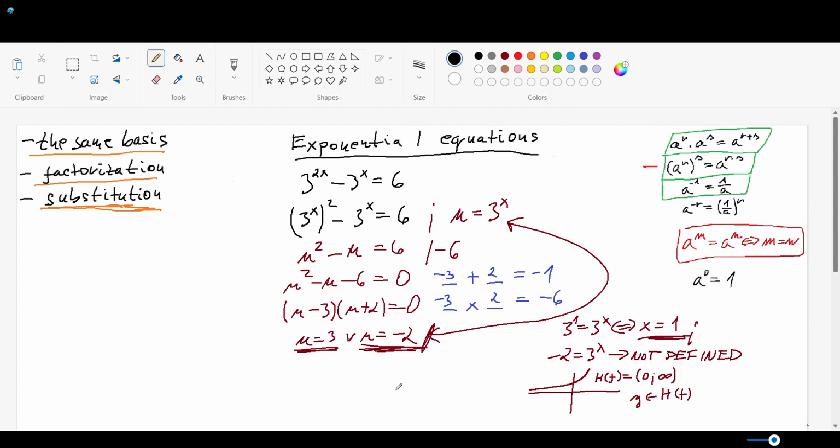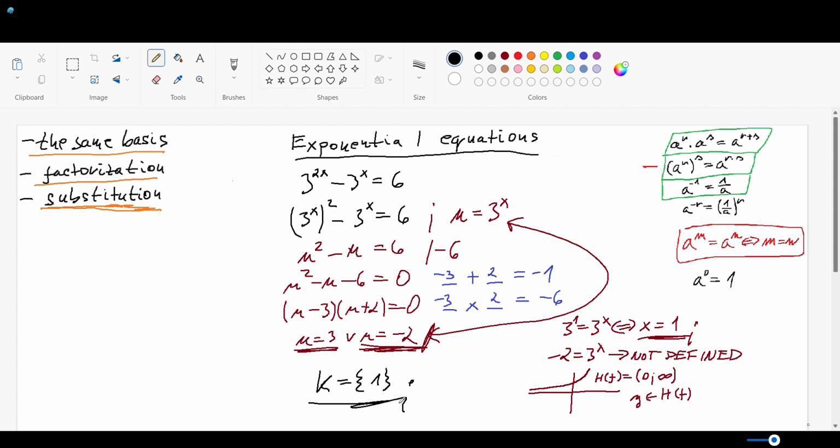That's why we make the conclusion that the set of the solutions of this equation, or roots if you want to, is again a one element set, and there is only number 1 in this set, like the solution.